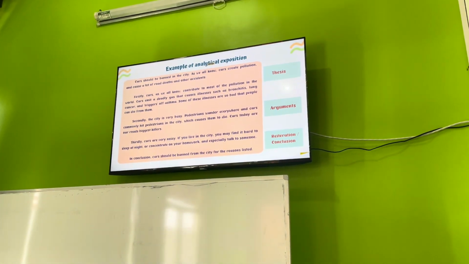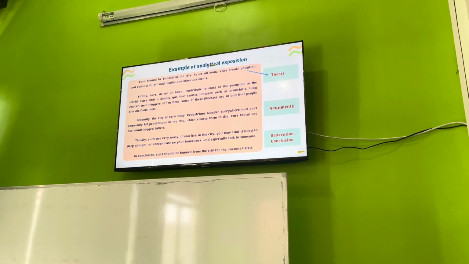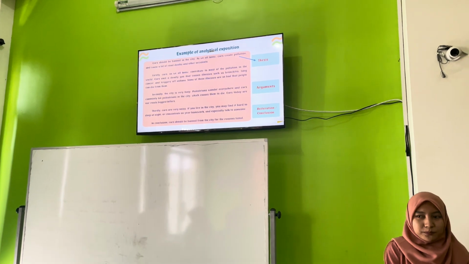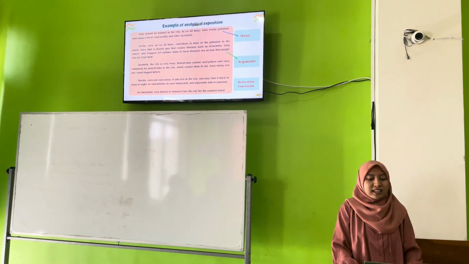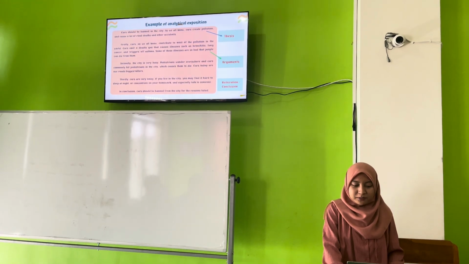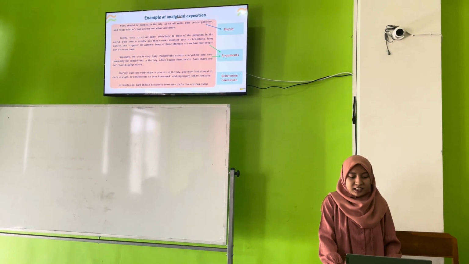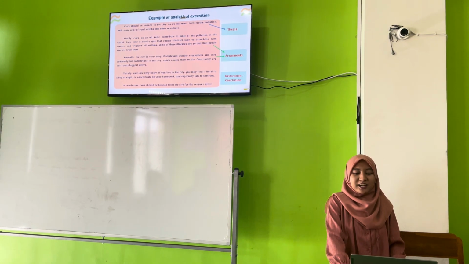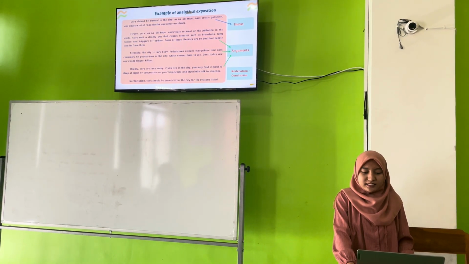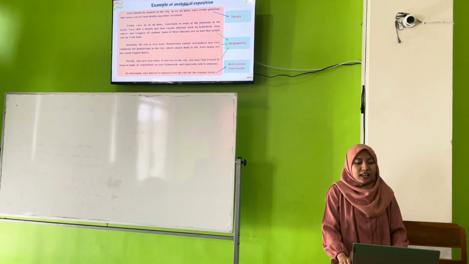What is the generic structure of the first paragraph? Thesis. Yeah, that's right. This is the thesis. And then the second paragraph, argument. And the third, argument. And the last is conclusion or reiteration.